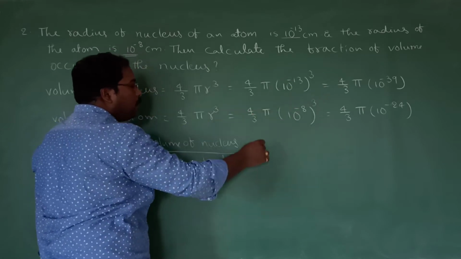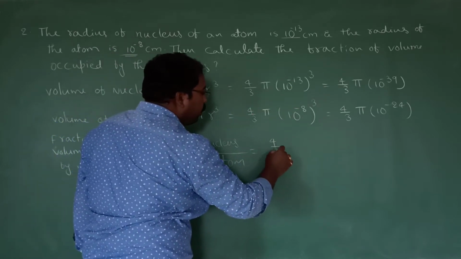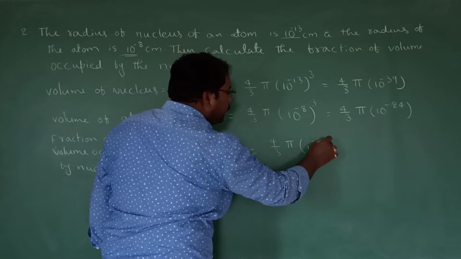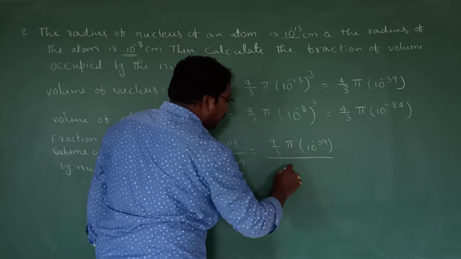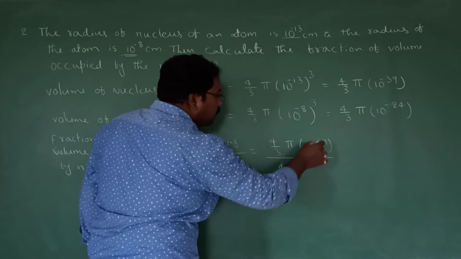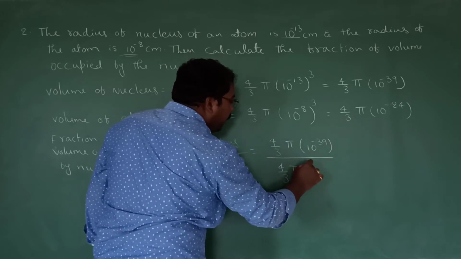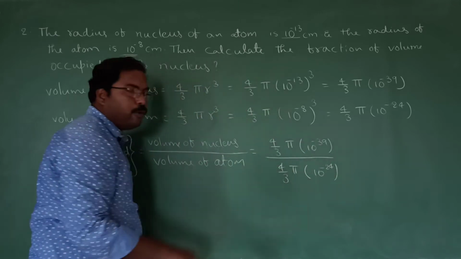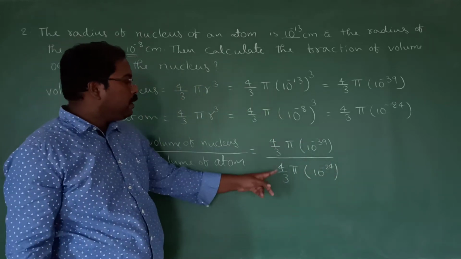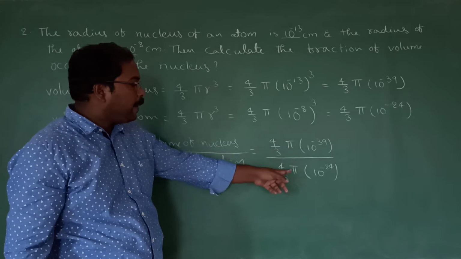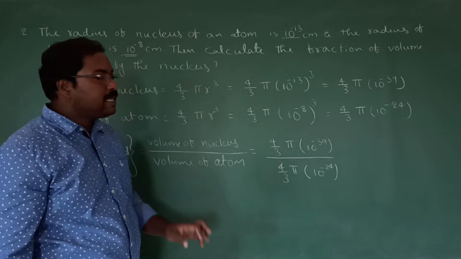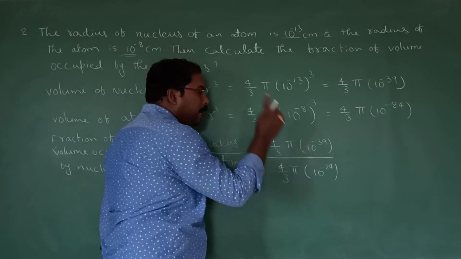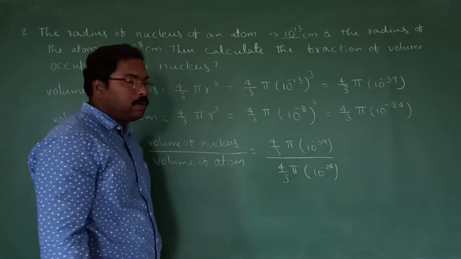Let us substitute here. 4 by 3 pi into 10 to the power minus 39, divided by the volume of the atom, 4 by 3 pi into 10 to the power minus 24. The 4 by 3 and pi cancel each other. What is left? 10 to the power minus 39 by 10 to the power minus 24.